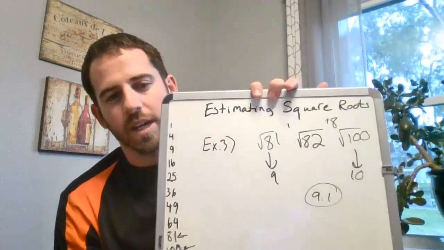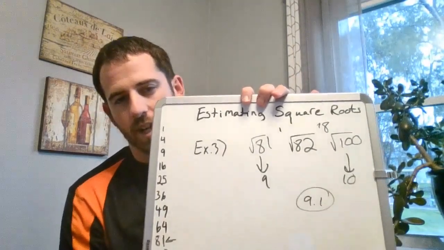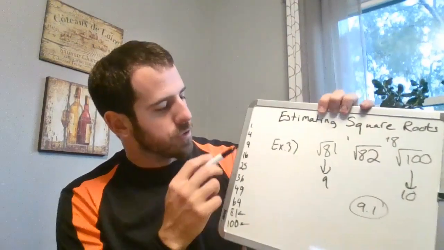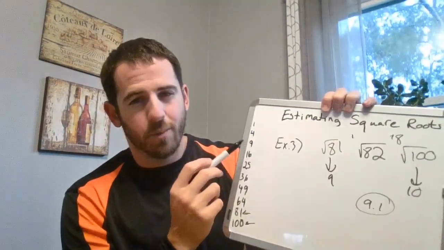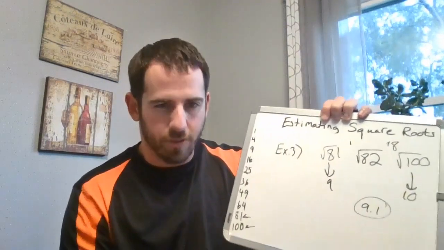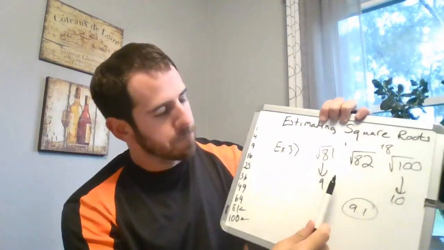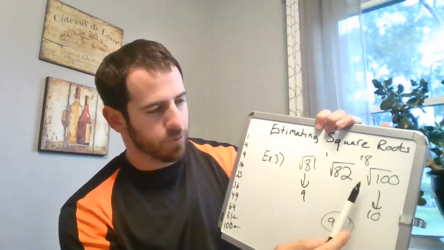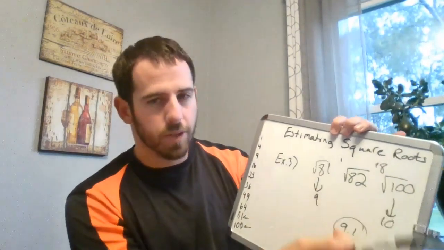Whenever you get something like this, it also has to do with large numbers. If we were doing the square root of 8, it's not going to be right next to 9, because there's fewer numbers in the range. To get from 82 to 100, I have 83, 84, 85, 86, 87, all the way to 100.